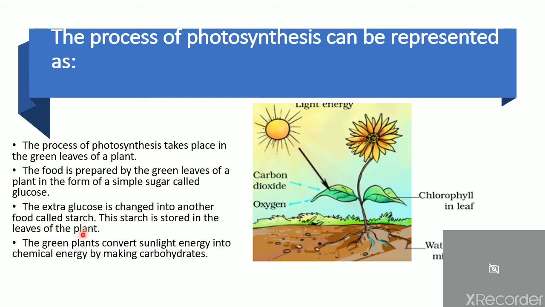Starch. It is the green plants that convert the light energy, that is the solar energy, into chemical energy, because there's a chemical reaction which takes place. And what does it make? It makes carbohydrates. And what is that carbohydrate called? Glucose. After that, the extra glucose is stored in the form of starch.